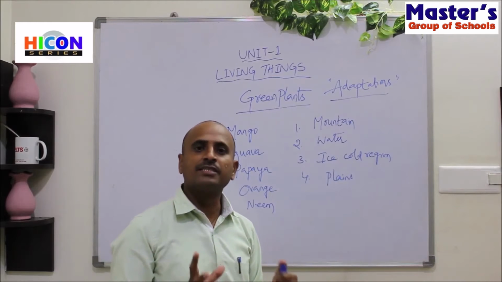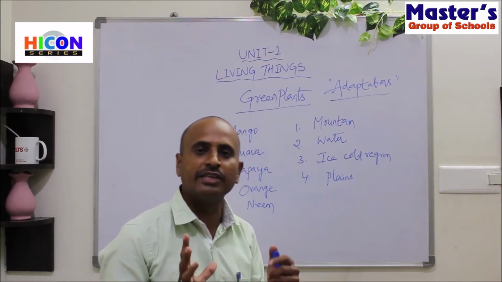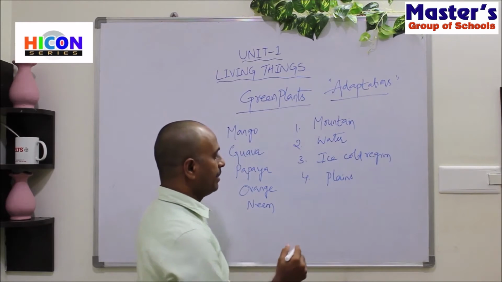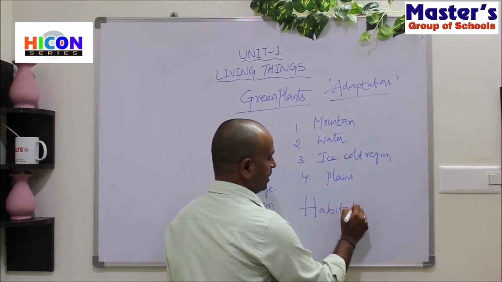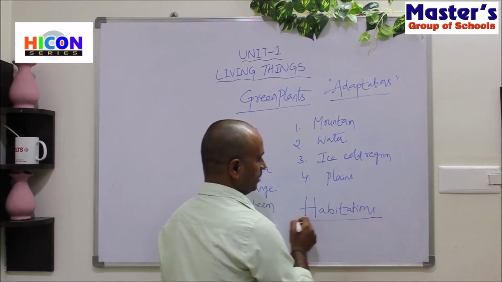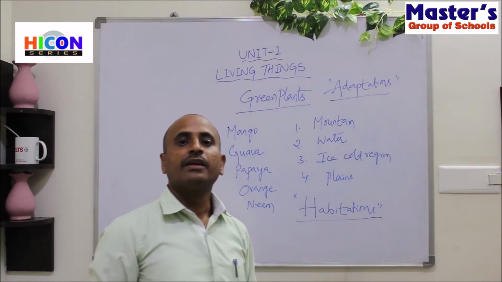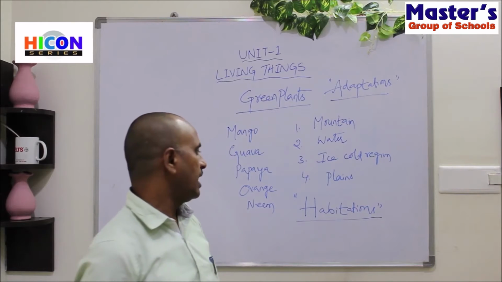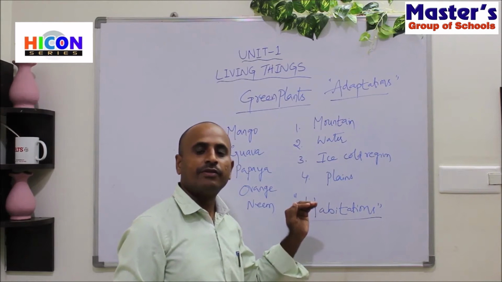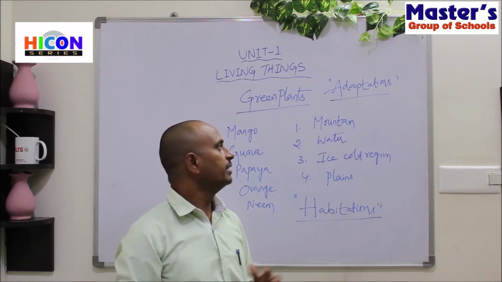The place where plants particularly grow in that region is called a habitat or habitation. So habitation is a place where a particular type of plants grows.